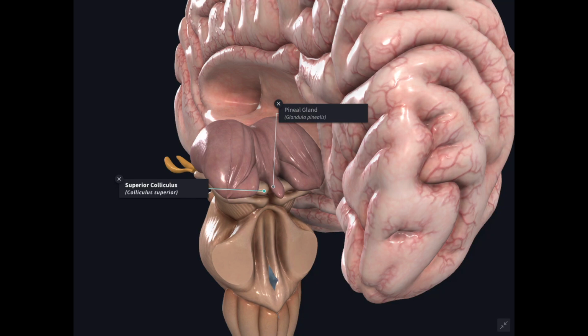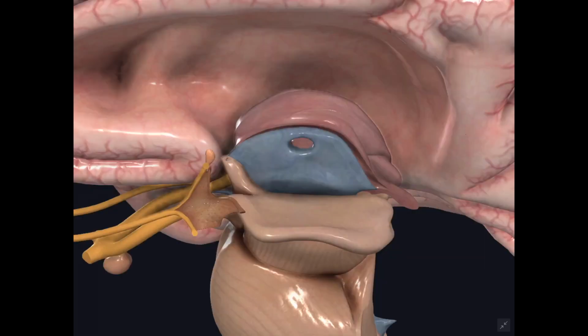Here the left thalamus is removed. The thalami of both sides are connected across the median plane by a narrow interthalamic adhesion. So here you get the interthalamic adhesion, and each thalamus forms most of the lateral wall of the third ventricle.